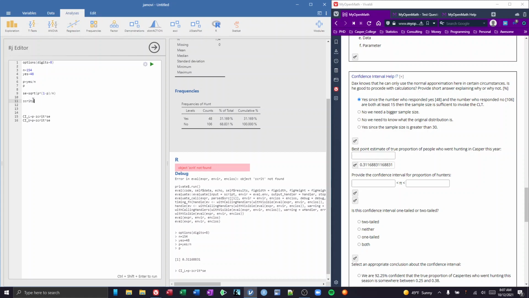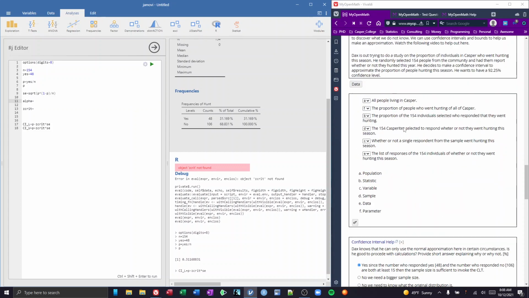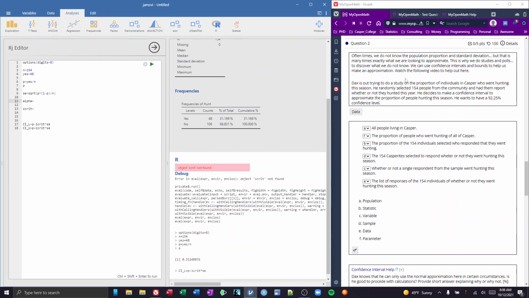Okay, in order to do our Z-critical, we actually need just a little bit of extra information. We need to know our alpha level that we are dealing with, and then we can go grab our Z-critical. So let's just put in alpha right here, and let's see if we can figure out what it is. So we've got to go back up to our scenario, and we are given our confidence level. So let's actually start off with our confidence level. Confidence level, we'll just type that CL equals 0.9225.